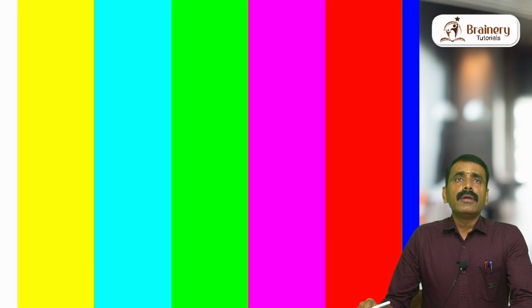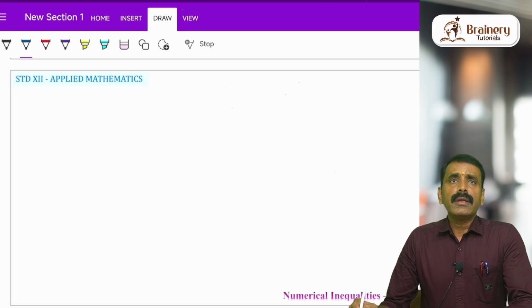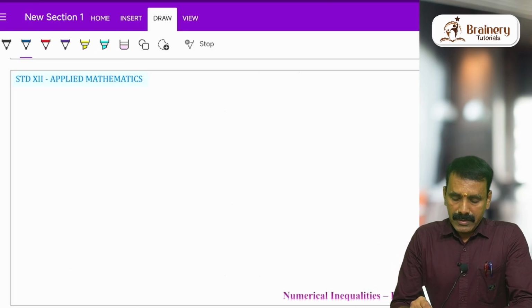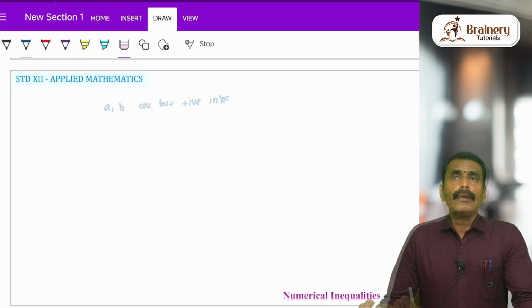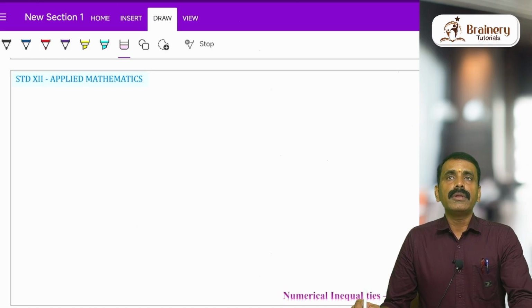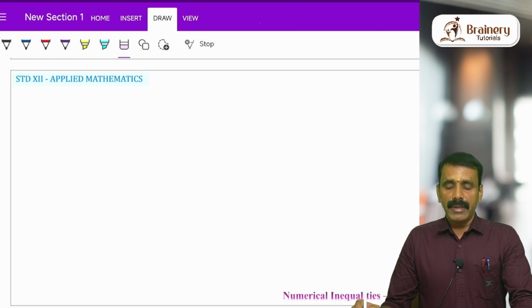Now, if A and B are any two positive integers or positive numbers, we are going to study the relation between arithmetic mean and geometrical mean.